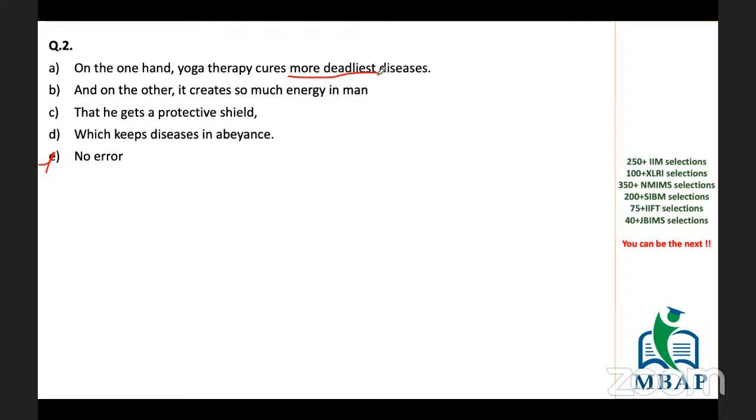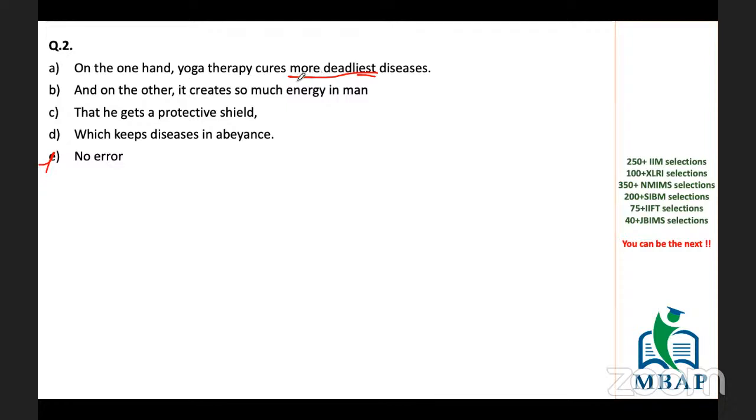Either I can use the superlative form of the word itself, or I can use more or most. I cannot use two superlative forms or comparative forms at the same time. First of all, it is saying deadliest, which is superlative. It is saying more, which is comparative. More, comparative; most, superlative. Deadlier, comparative; deadliest, superlative.